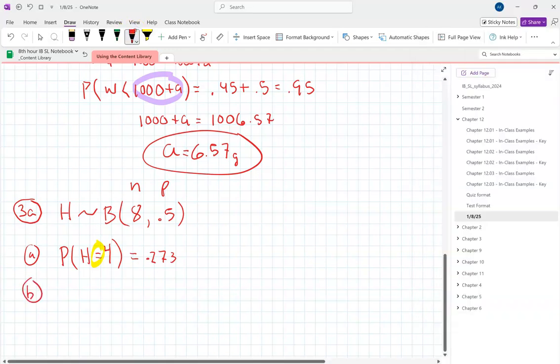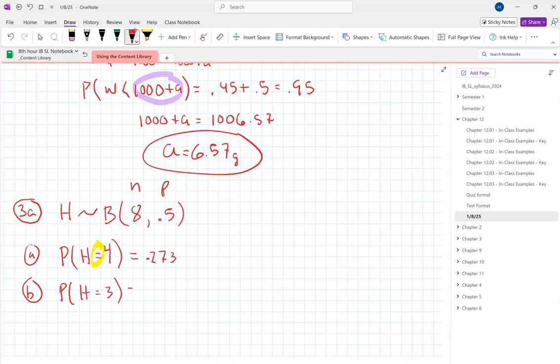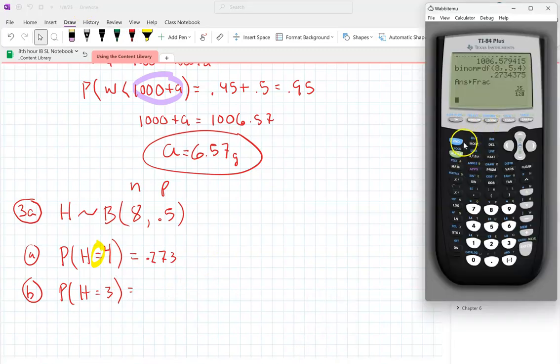Part B says exactly 3 heads. So that's that, right? I think it's going to be, will it be less or more? What do you think? I would think more as well.